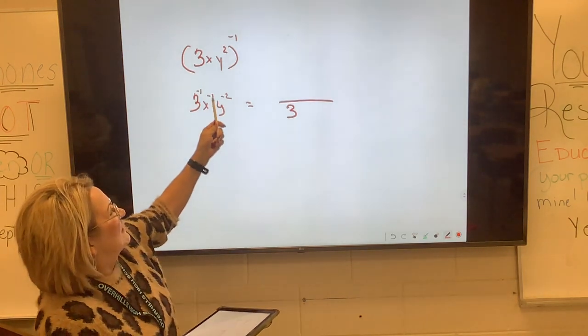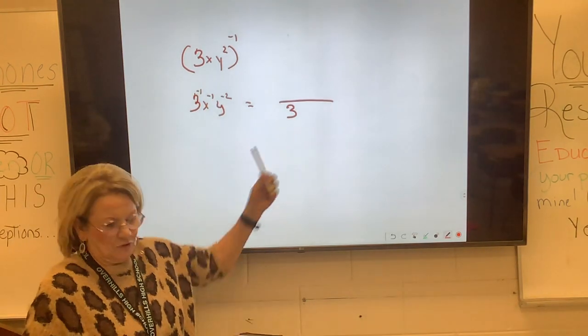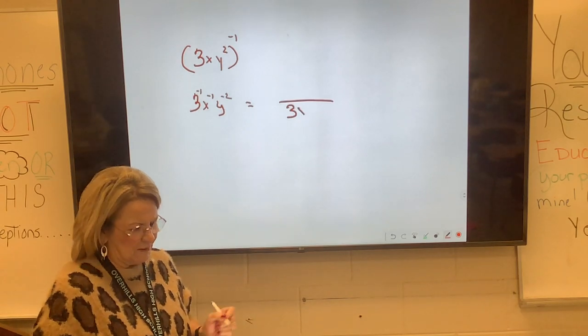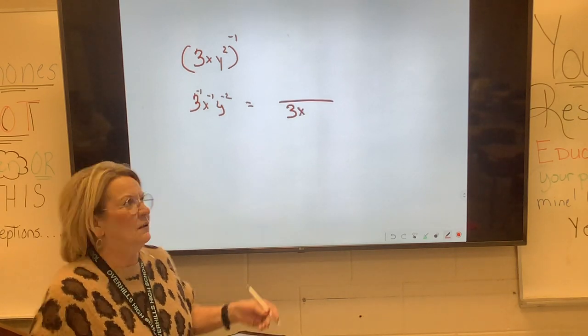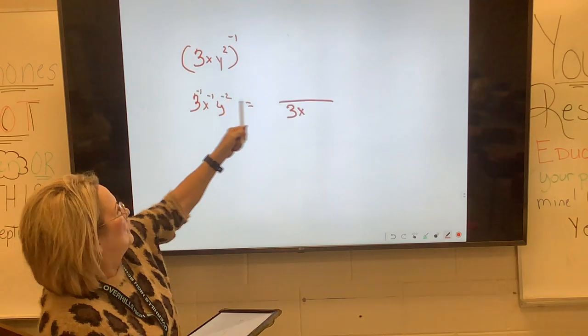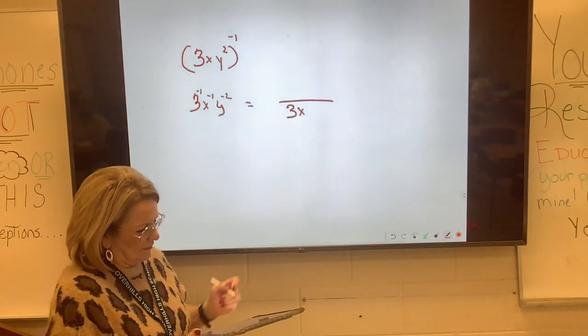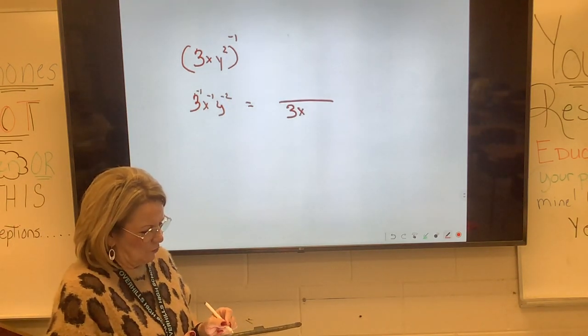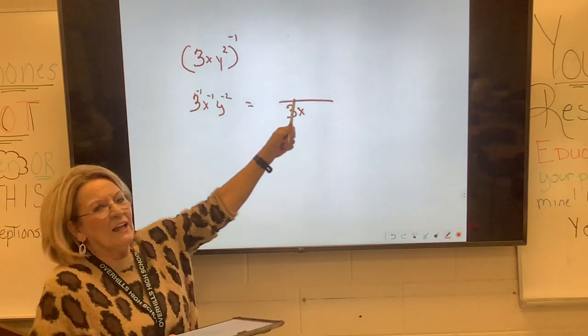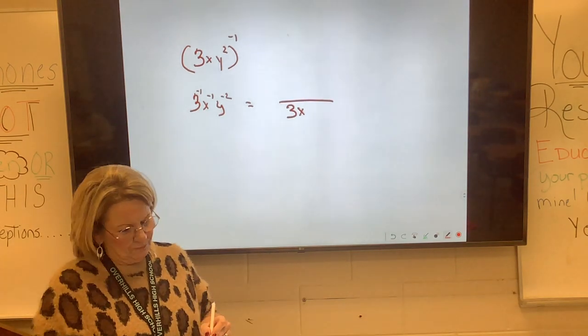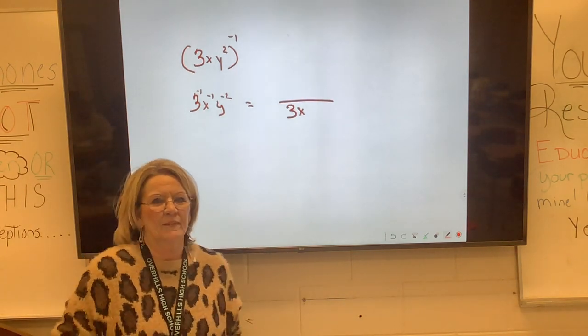How am I going to pull that x to the negative 1 from up here down? Just put it down there, and that negative 1 becomes positive. And the last one, y to the negative 2, pull it down. You end up with a y squared. And if you end up with nothing left on top, simply put a 1. And that's your answer.